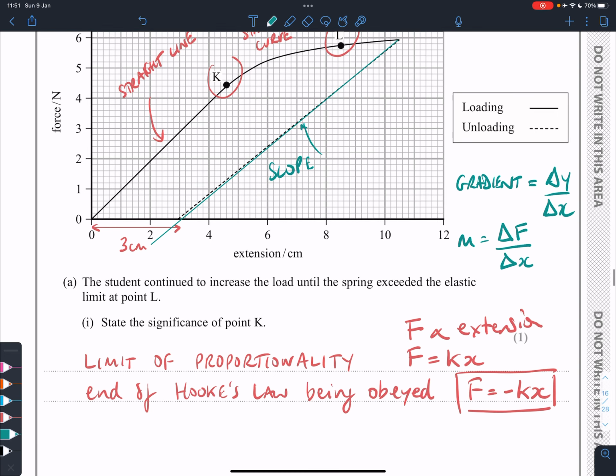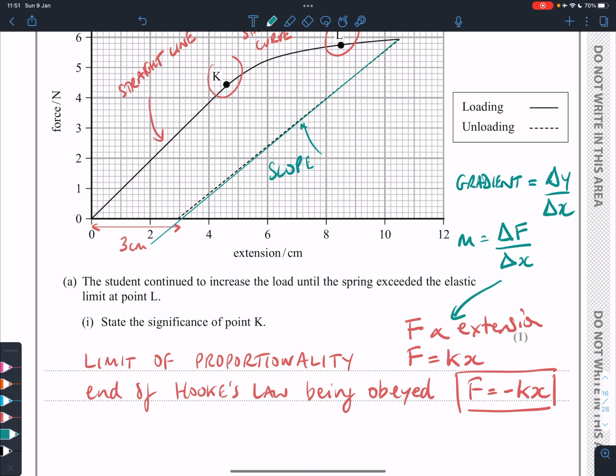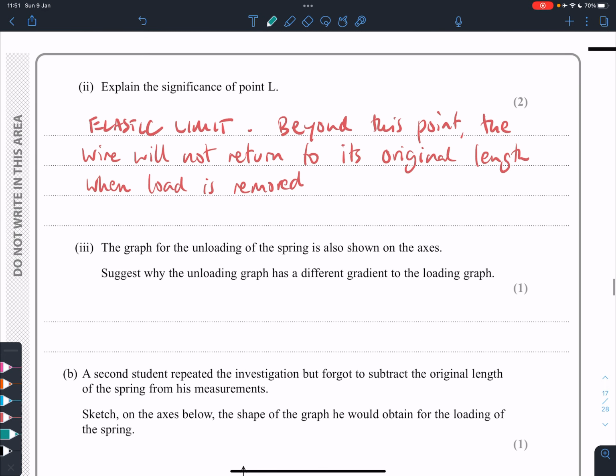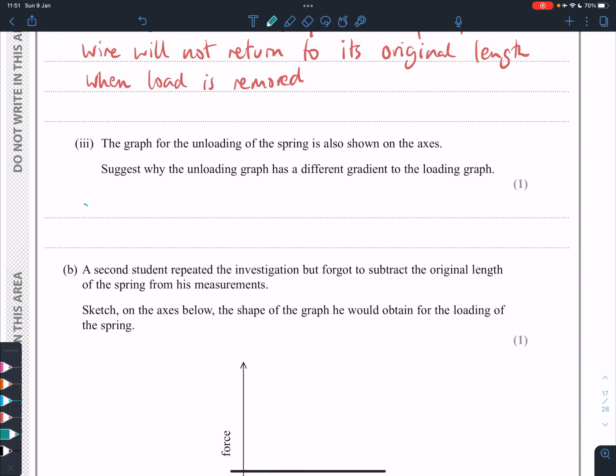Now that looks suspiciously like this equation, F equals kx. So the gradient, if we rearrange this equation, and I'm going to write it down here actually. So the gradient equals the delta F divided by delta x.